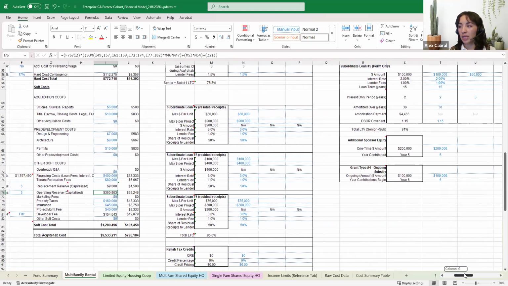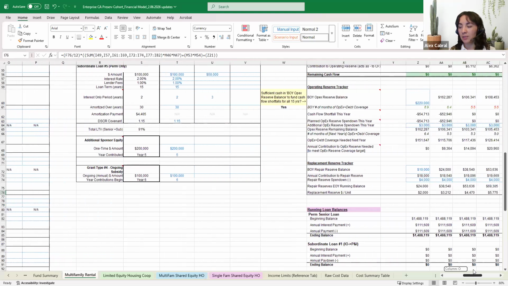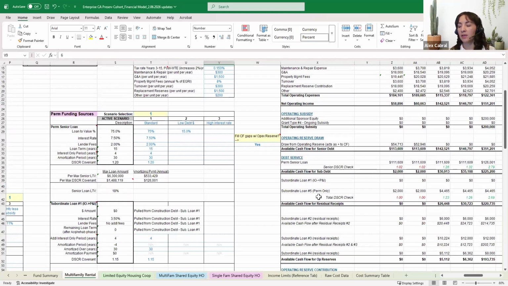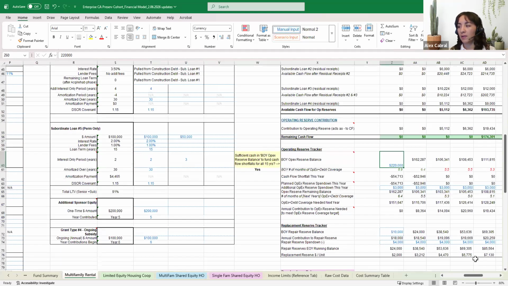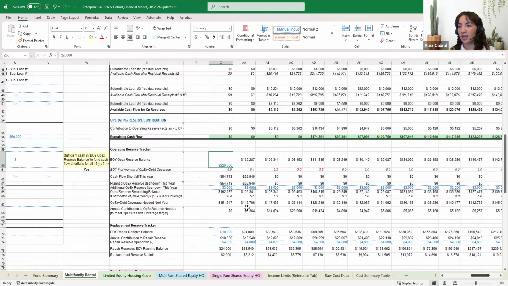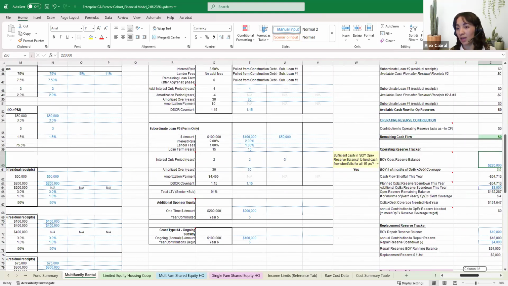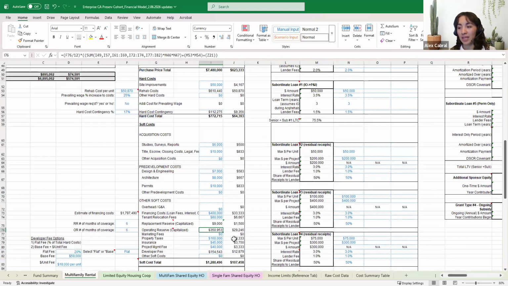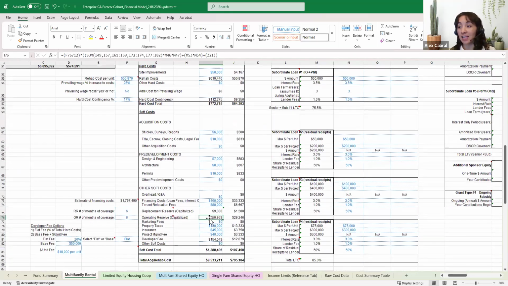Now, the next place it appears is here in the operating assumptions, and again, we're still aiming for 6 months. When we go down here, the first place that we have to fill in is the beginning of year operating reserve balance. We didn't want to assume, from this 350,000, that you did or didn't spend any of it down. Your AC rehab could have taken 6 months or 2 years.